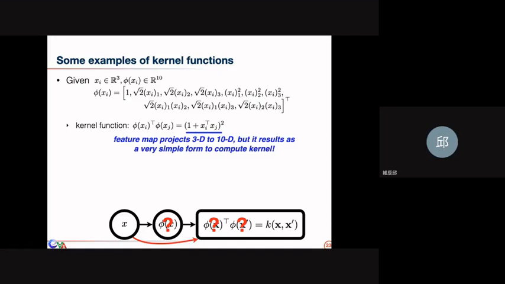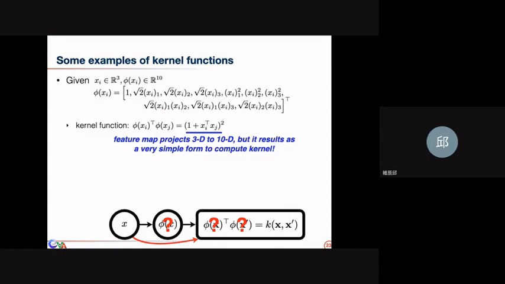You can see this feature representation is 10-dimensional. You can do the math on your own if you want to practice, but if you compute the inner products between two 10-dimensional feature vectors defined in this way, you will end up with a kernel function.